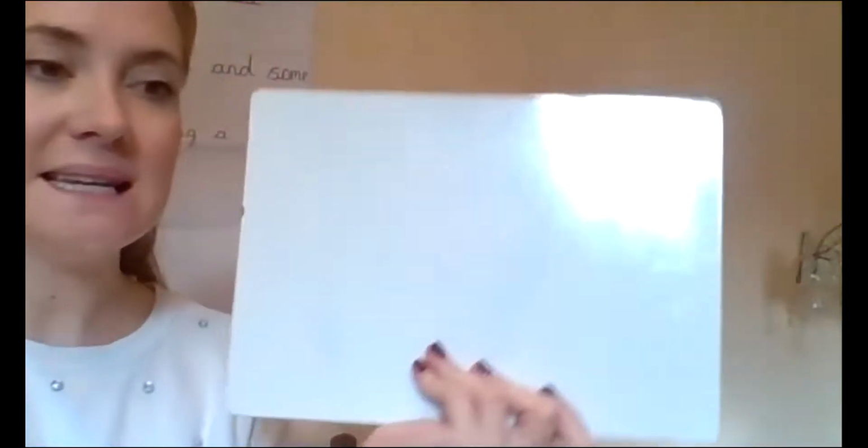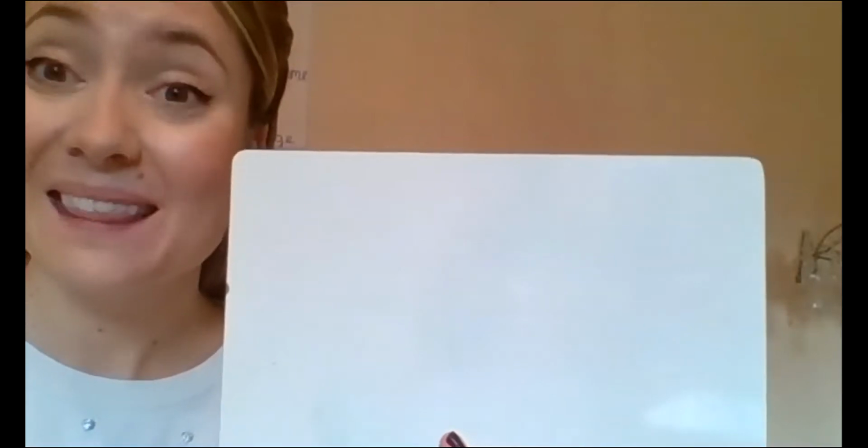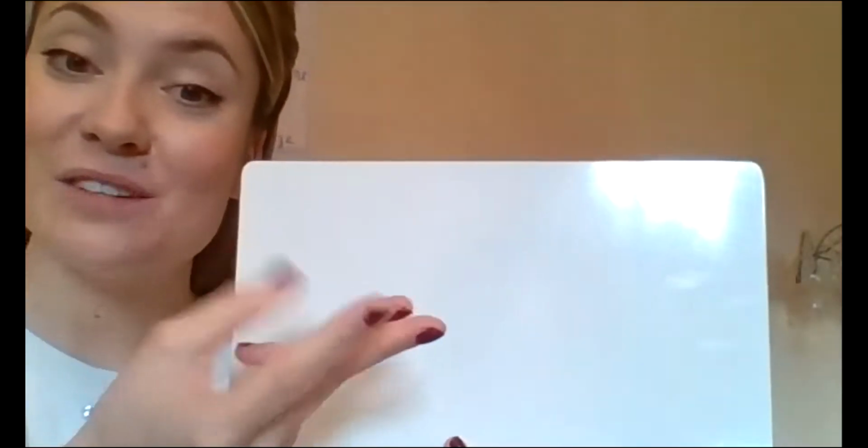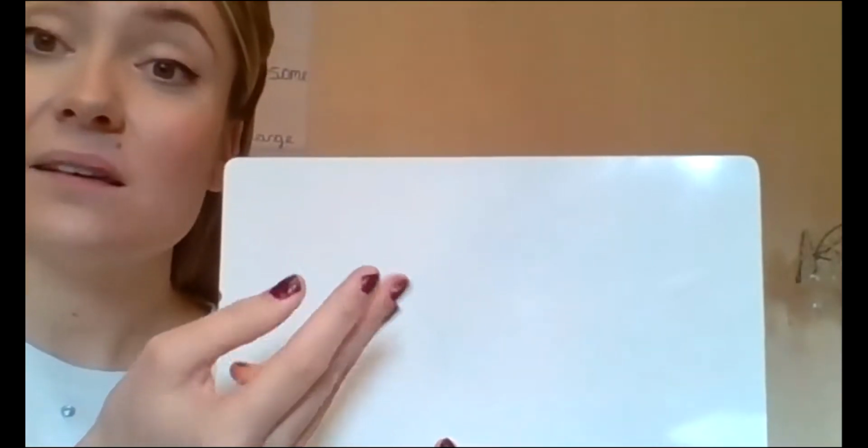Okay, so I'm going to have a go, then you're going to have a go, then we're going to mark it together. So dig a deep hole. How many sounds has dig got in it? 3. Let's sound them out. D, I, g. Dig.